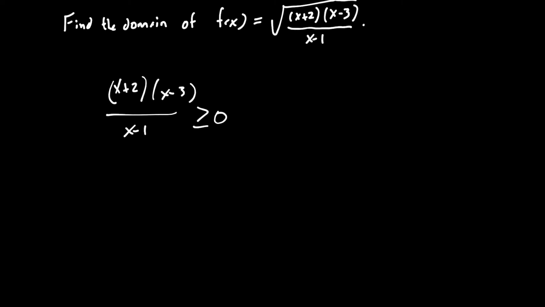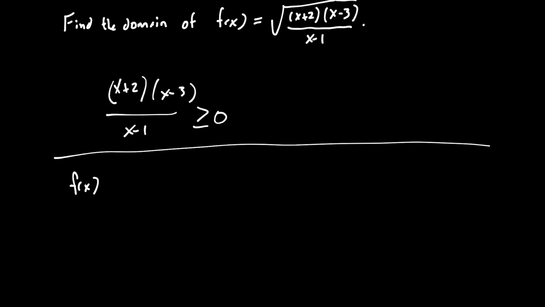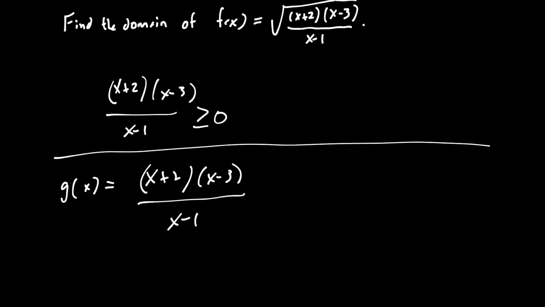Now the easiest way to do this is to sketch a graph of our function. Let's call this g of x, which is our rational function (x plus 2)(x minus 3) divided by (x minus 1).